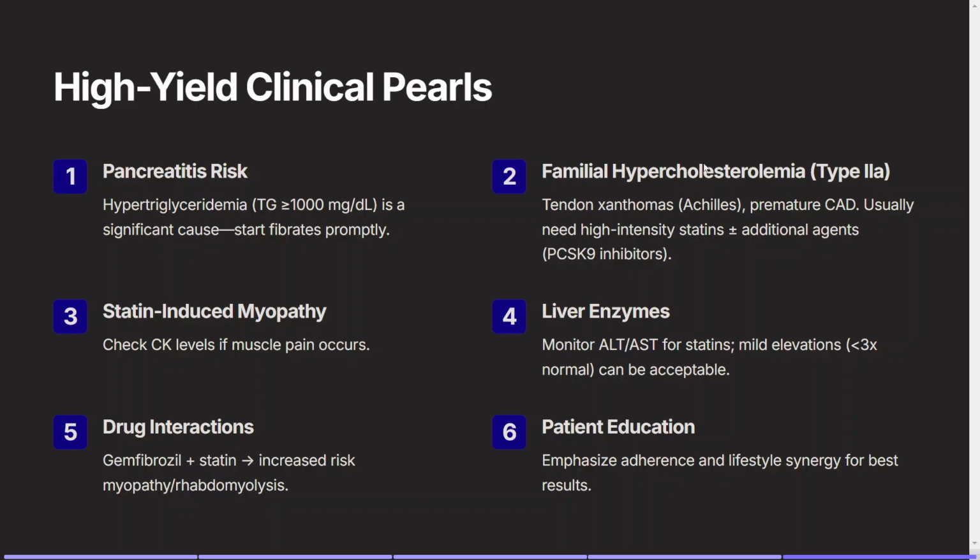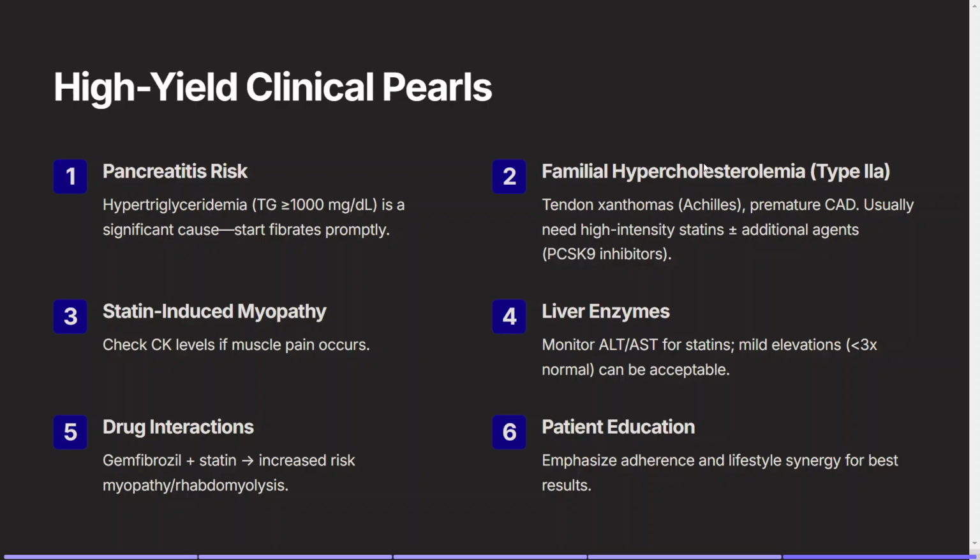Always monitor the liver enzymes when we start statins. You don't usually stop it immediately except if the values are extremely high. You expect some changes, so we don't stop it immediately except if the values are extremely high or there are symptoms.